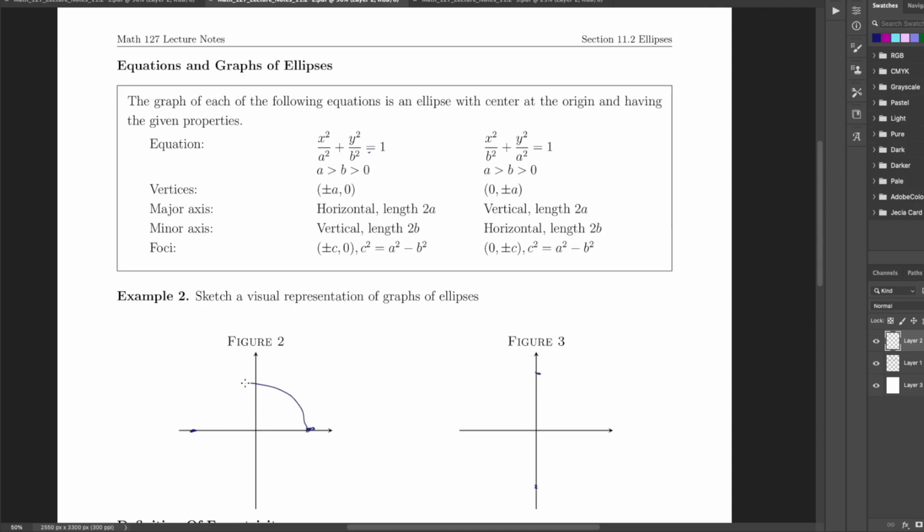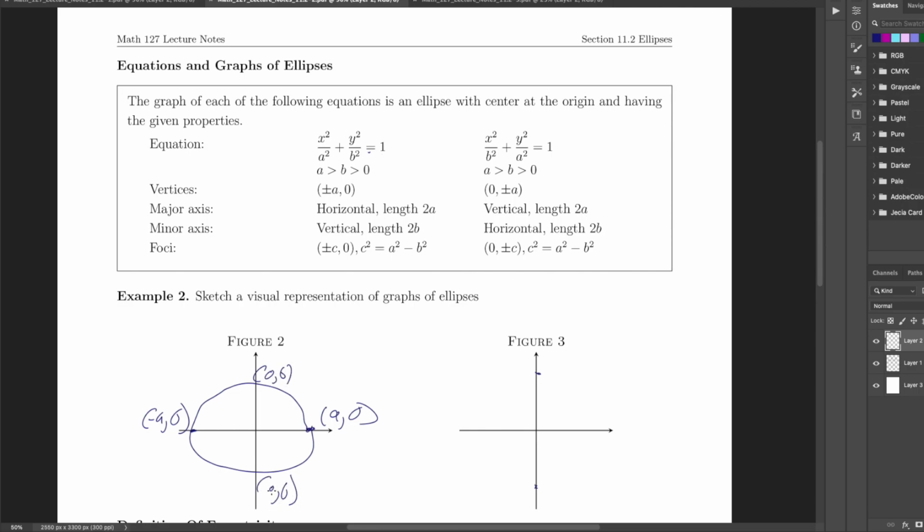So if it's greater on the x, we'll have (a, 0) be the vertex, and then (-a, 0) be the other vertex. Remember, because we're centered at the origin. The other two points, in this case, will be (0, b) and (0, -b) for the y.